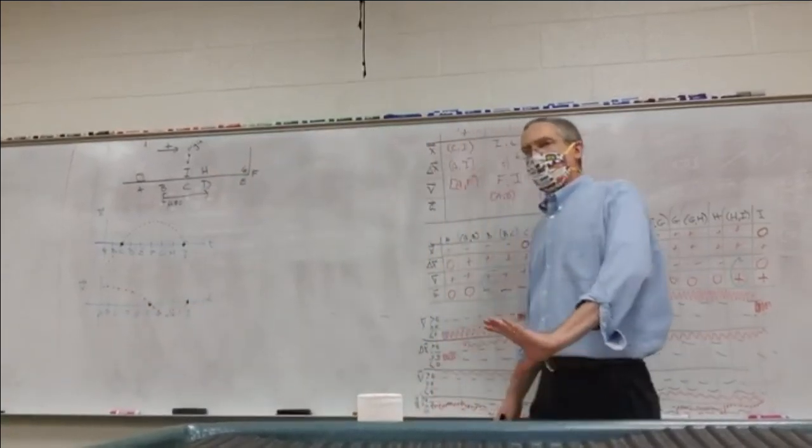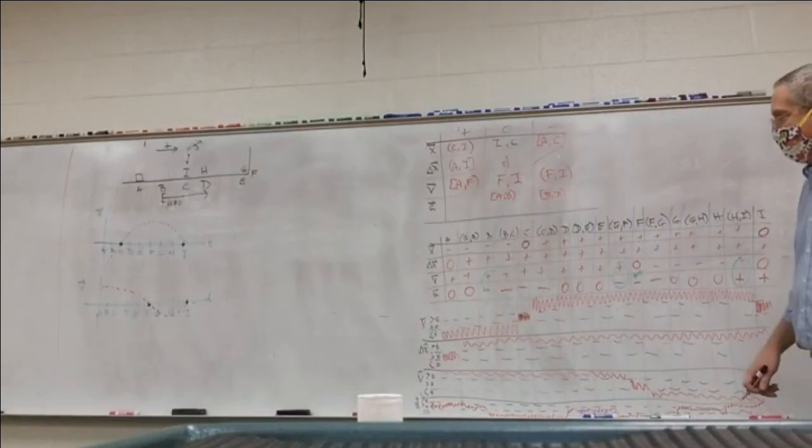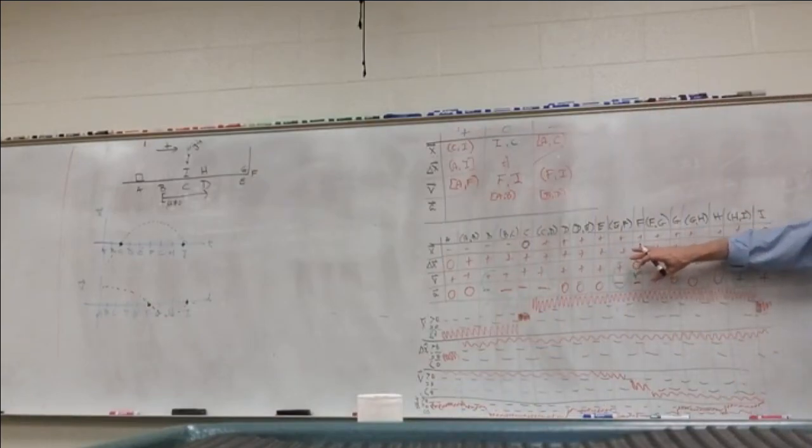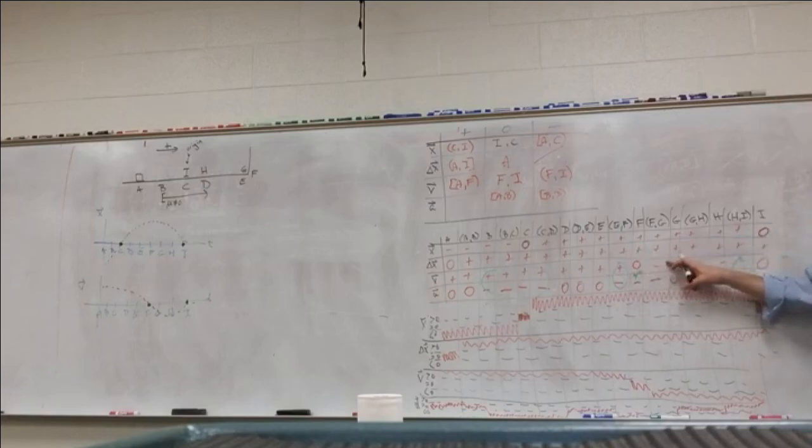And just a really crude sketch. All I've done right now is just match it to this display right here, where it's positive, 0, then negative, and then 0 again.